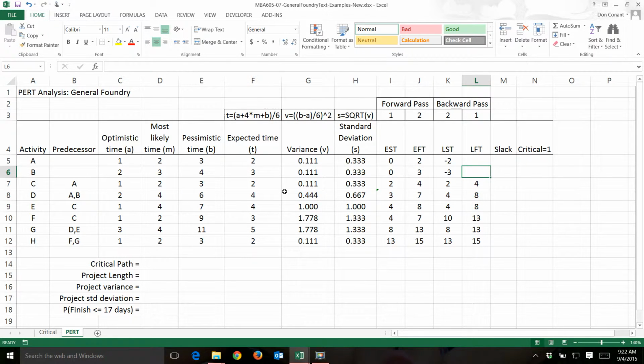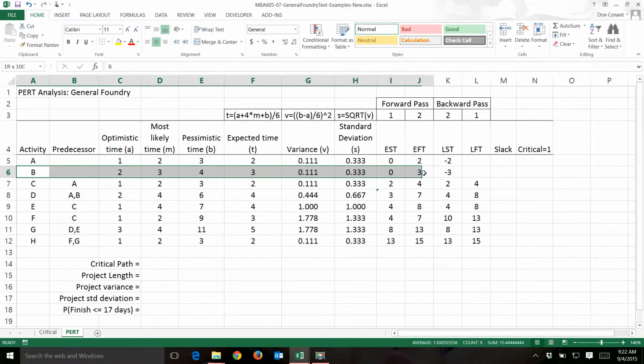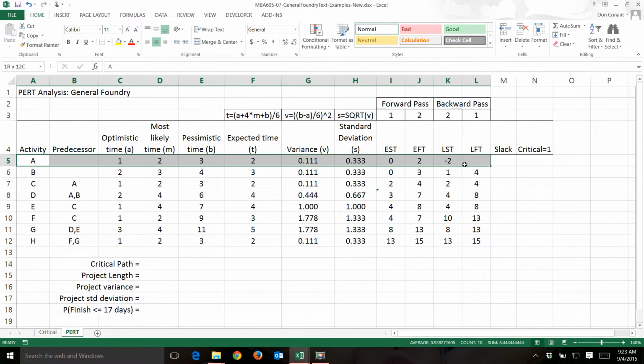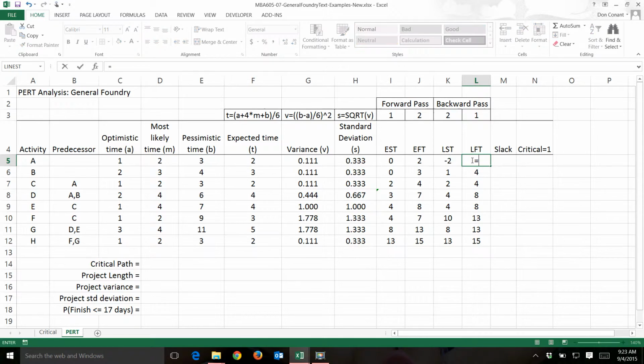I am on activity B. Activity B precedes only activity D, so the finish time for B is the start time for D. Now I am on activity A. Activity A precedes both activities C and D. The min on the backward pass, the start times for activities C and D.